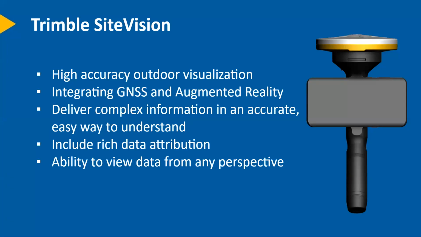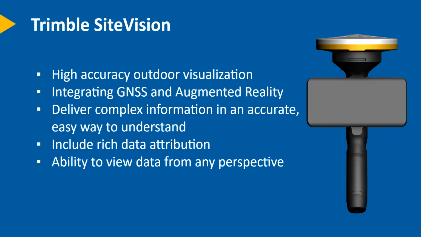In addition, on top of just seeing the digital content over the top of the real world, there's a lot of value in including the very rich attribution. The information about the models is also accessible through something like Trimble Sight Vision.